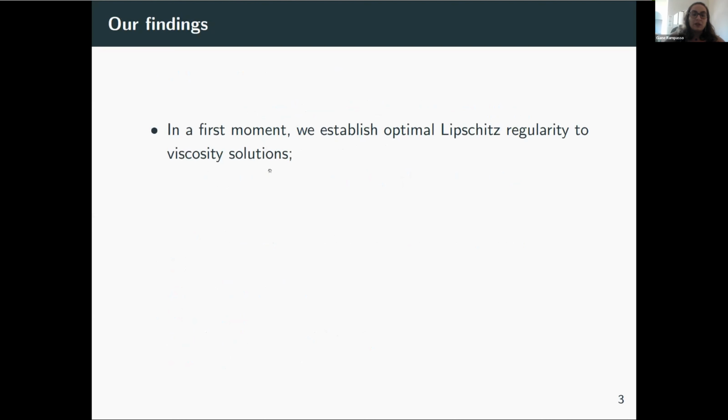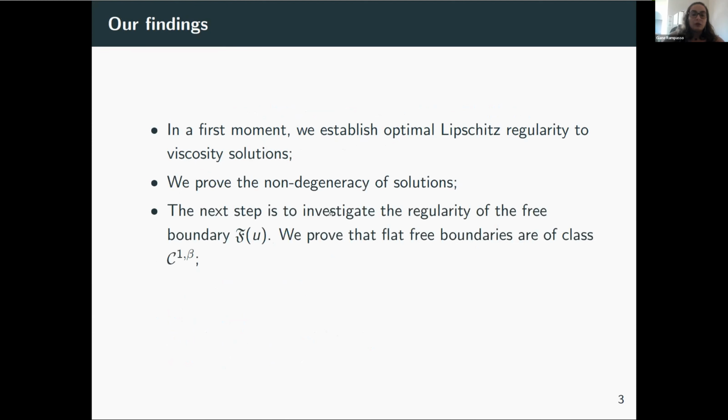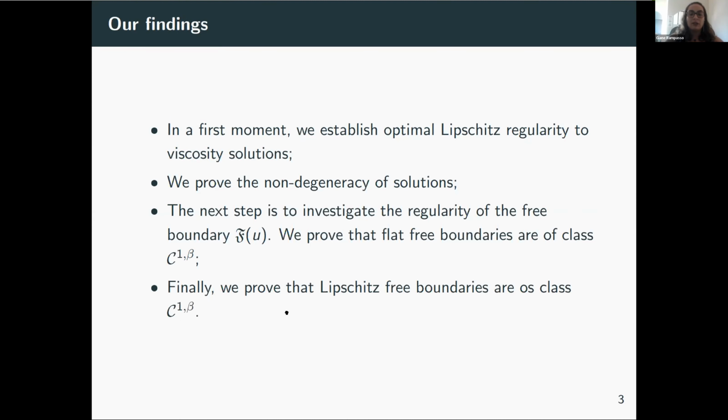In a first moment, we establish optimal Lipschitz regularity for viscosity solutions, and we also prove non-degeneracy of solutions. Then we investigate the regularity of the free boundary. Our first finding is that flat free boundaries are of class C^{1,beta}. And finally, we prove that Lipschitz free boundaries are of class C^{1,beta}.